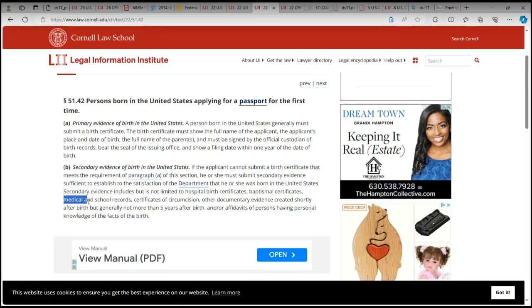They don't have the medical or school records, certificates of circumcision. All they have is other documentary evidence. Look, it says not more than 5 years after the birth, and or affidavits of persons having personal knowledge of the facts of the birth. This can't be stressed.